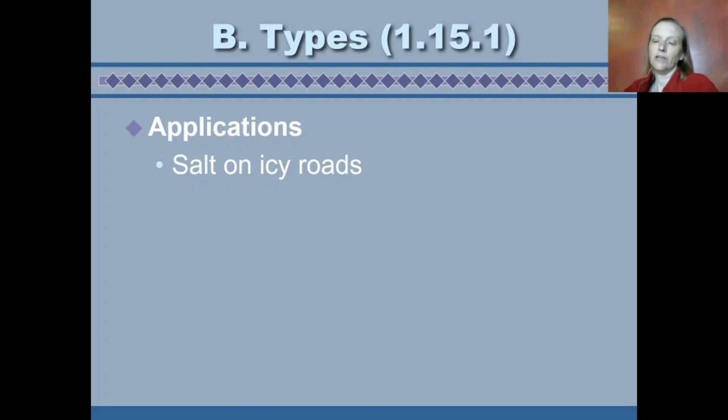As I've already said, there is a common everyday application for this, putting salt on icy roads, is one way that we use colligative properties in an everyday kind of situation to lower the freezing point by putting salt on the roads. Antifreeze in cars.